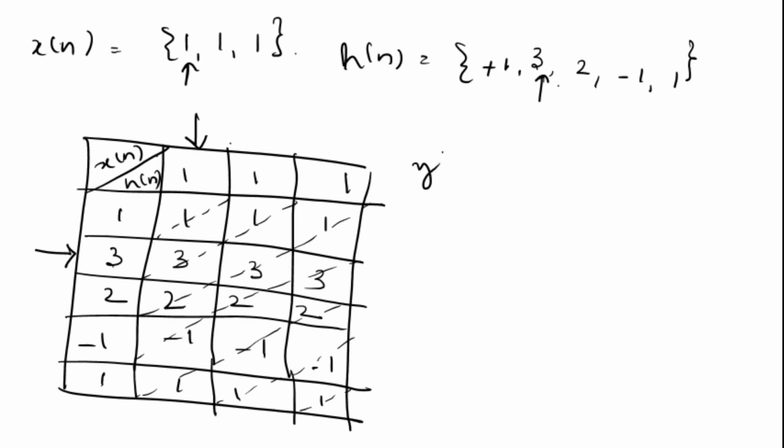Then y of n is equal to, first one is 1, second one is 3 plus 1, 4, third one is 2 plus 3 plus 1, 6, then -1 plus 2 it is 1, 1 plus 3 it is 4, next it is 1 minus 1 is 0, plus 2, 1 minus 1 is 0 and 1.